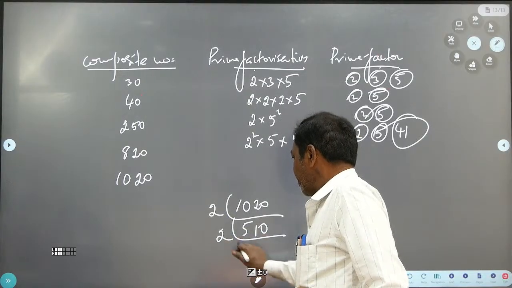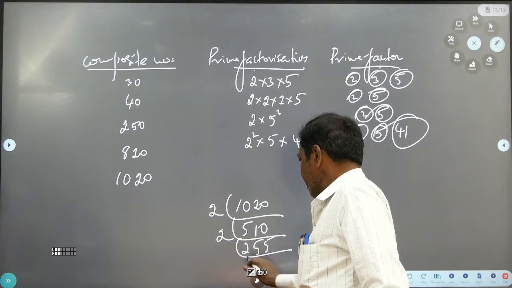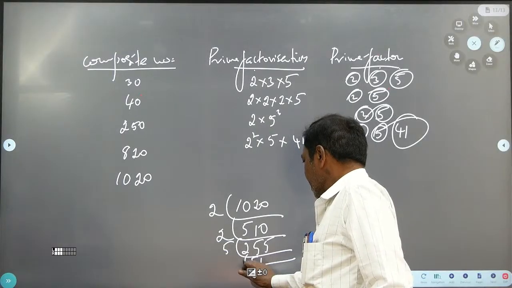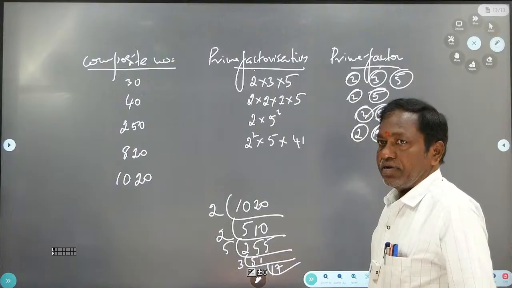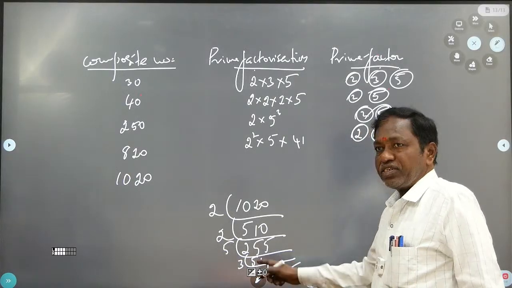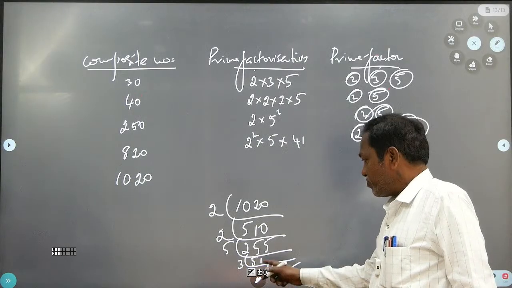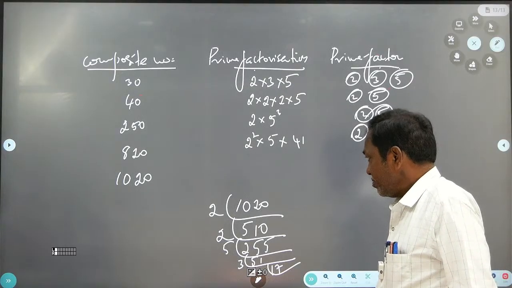Again it is an even number. 2 2s are 4, 2 5s, 5 can say 5, 5 5s are 5 1s and 3 17s, right. The 5 plus 1 is 6, it's a multiple of 3. So first 3. 255 is also divisible by 3.